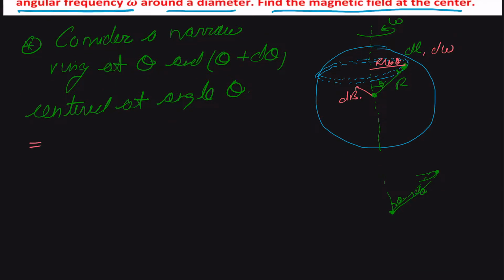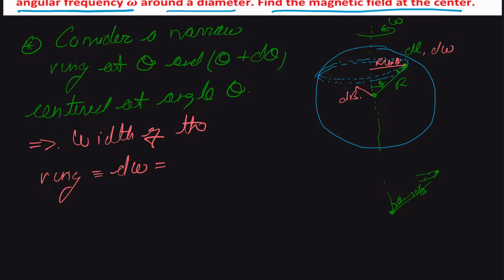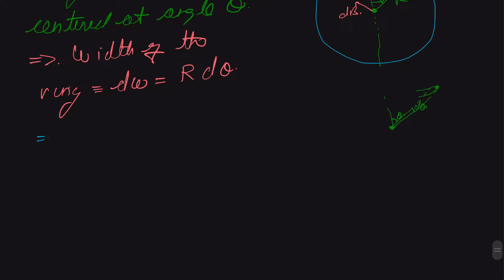Therefore, we can say that the width of the ring, let us call this dw, will be equal to r times d theta, and the radius will be equal to r sine of theta.